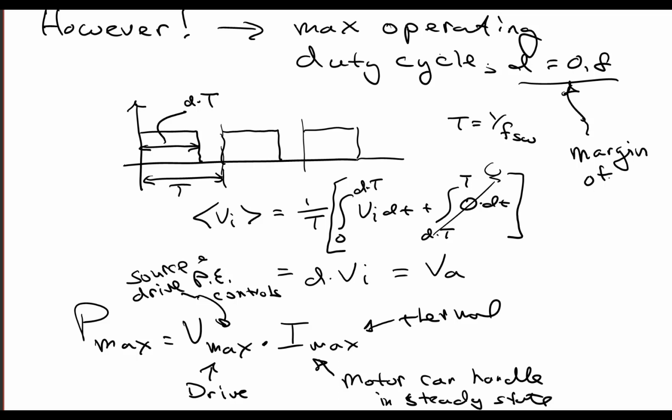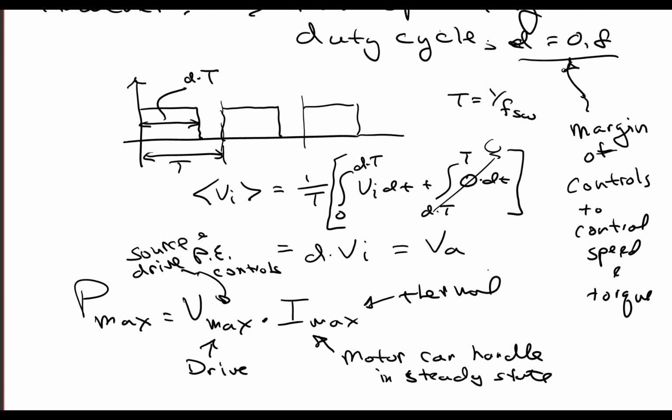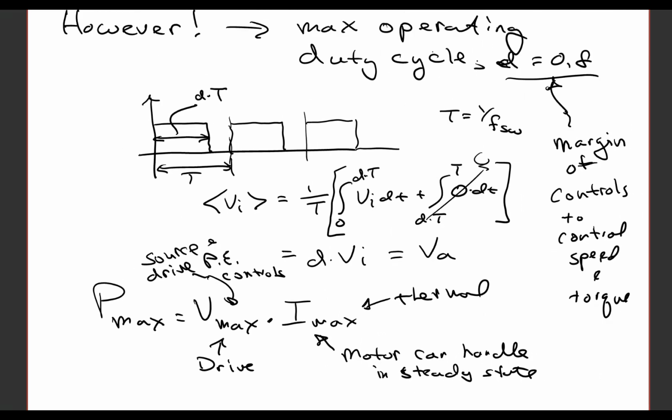But that's basically a margin of the controls to control speed and torque. So we won't want to run our D all the way to the end there. So, you guys with me on this? Have I lost you?